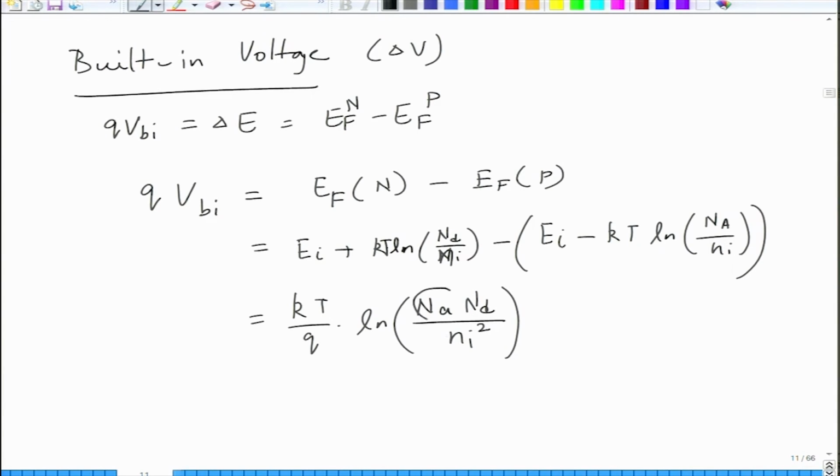So if the dopant concentration is larger in the semiconductors, then your built-in field will also be larger. As we will see later, the depletion region is then narrower. When the semiconductors are lightly doped, the built-in field is smaller, as a result the depletion region is wider.